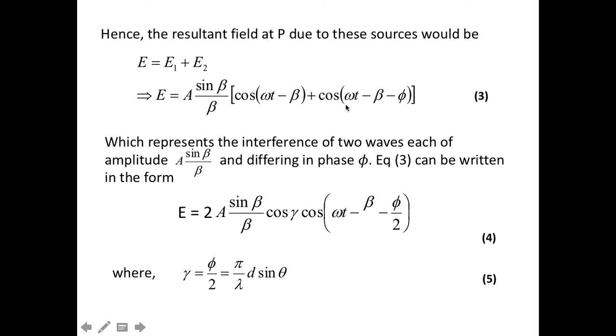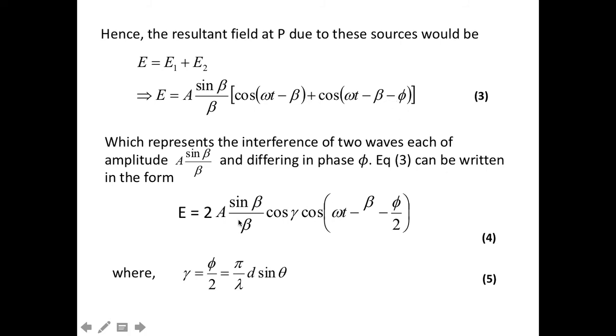So this equation is nothing but cos C plus cos D. If you simplify this equation, you can get this equation, and this equation represents the interference of two waves, each of the same amplitude A sine beta upon beta and differing only by the phase.